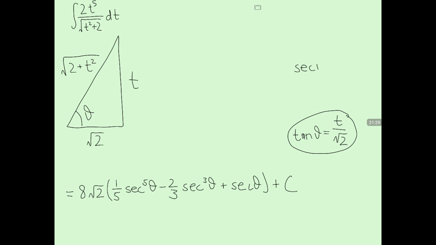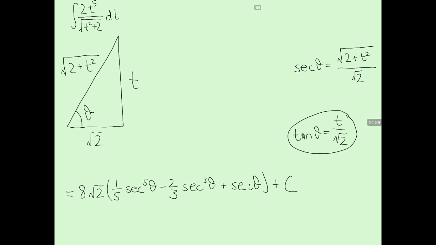So secant theta is going to be equal to the hypotenuse, which is the square root of 2 plus t squared, over this adjacent, which is root 2. So every time we have a secant theta, we can replace it by 2 plus t squared over 2, all under the square root.